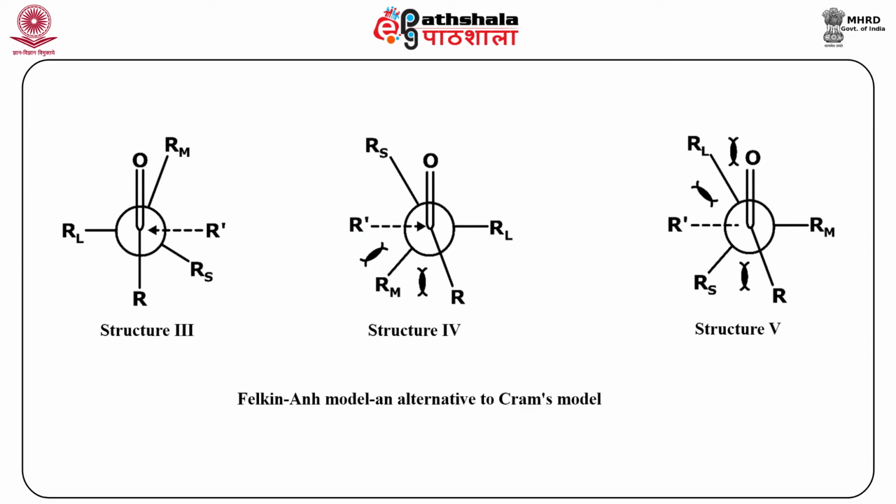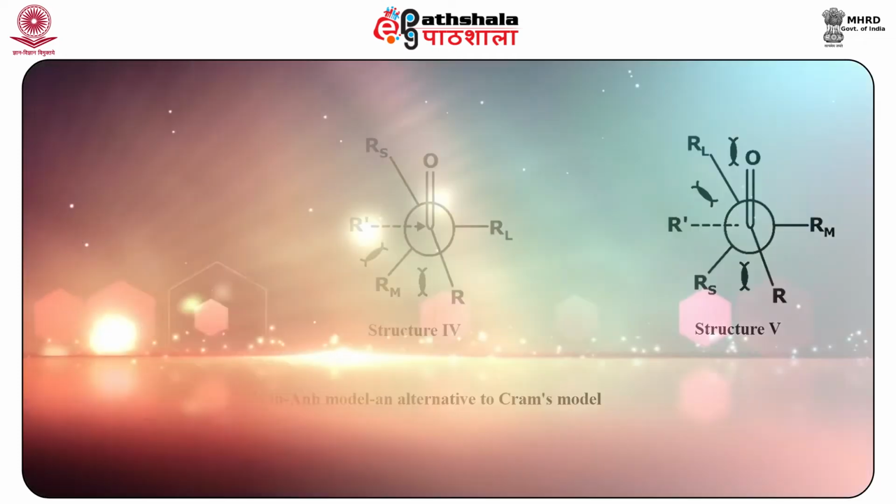The model predicts the same stereochemistry as Cram's, but provides a more quantitative assessment of 1,2-asymmetric induction. A third conformation, as in structure 5, may make some contribution but is generally ignored due to unfavorable steric interactions.